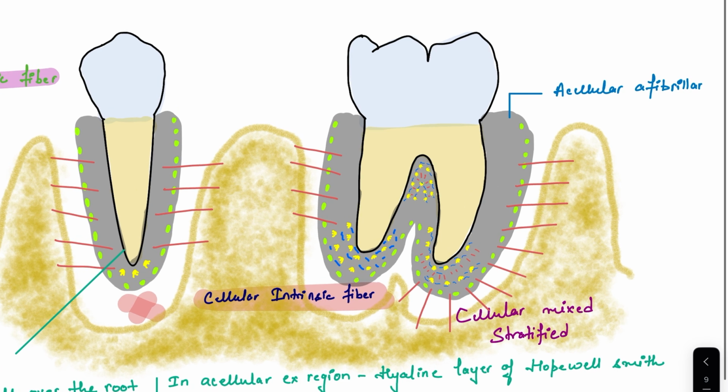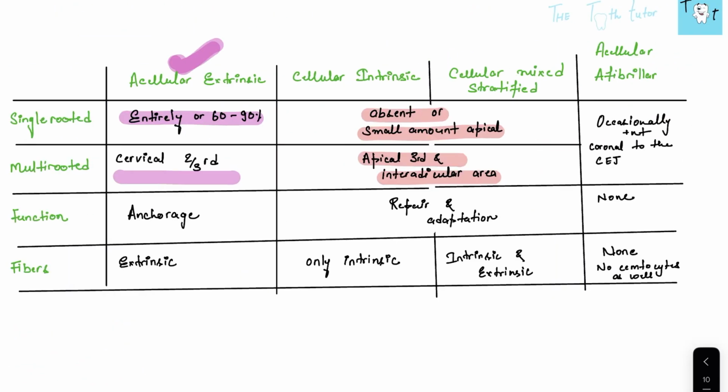If you look over here, you will see cellular intrinsic fiber cementum in the apical third or the interradicular area. What is meant by cellular intrinsic fiber? It means that it has cementocytes. These tiny yellow cells you can see, these are cementocytes I talked about in the previous lecture. And it also has only intrinsic fibers.